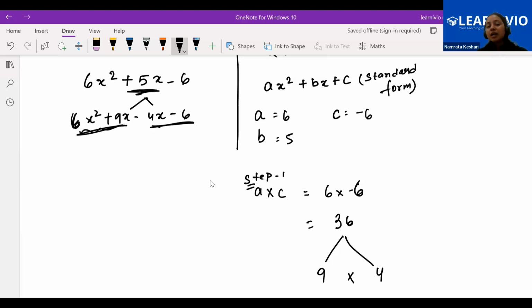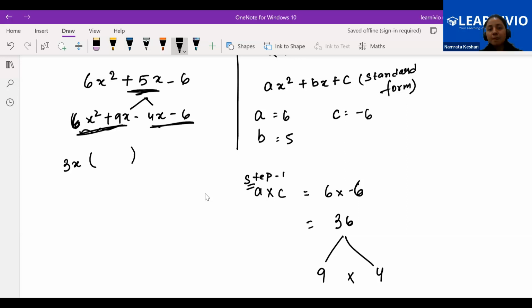So can you tell me, Ayan and Farhan, what can be taken out as a common factor from 6x square and 9x? Three. Ma'am, 3. Only 3? X also? Yes or no? Yes, ma'am. 3x. What will be remaining?